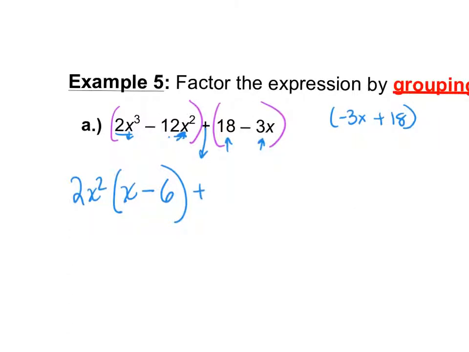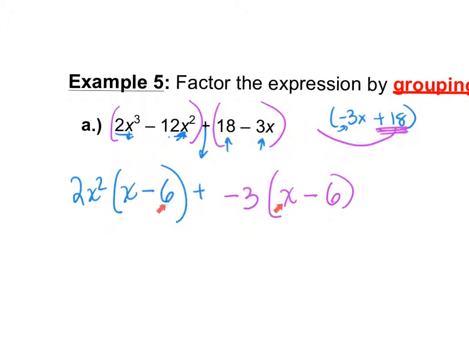And when the first coefficient is negative, you're going to take out a negative. So 3 and 18 are divisible by 3, but it's negative, so I'm going to take out negative 3, and I'm left with x minus 6, because 18, if you divided negative 3 out, you're left with negative 6. Check your work. Negative 3x plus 18.